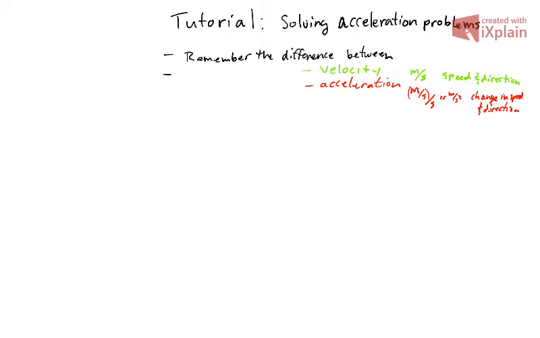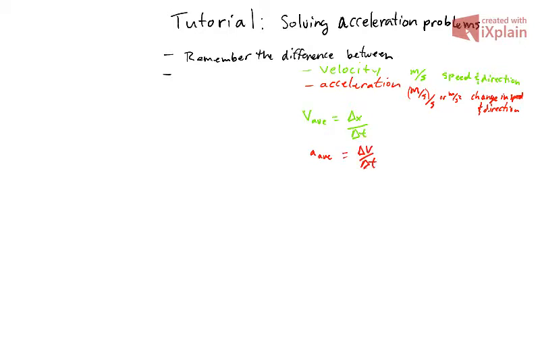Alright, so for average velocity, V average equals a displacement over a time, but a average equals a change in velocity over time.